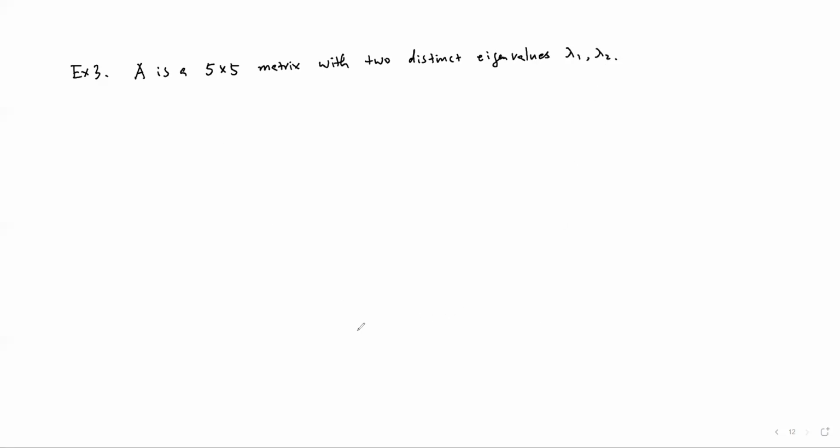Matrix A, 5 by 5, has 5 eigenvalues, but only 2 are different.